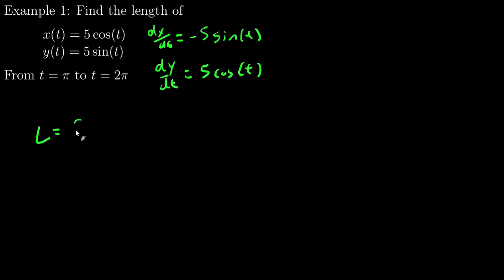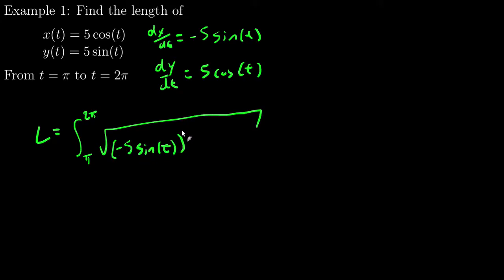The length of the curve will be the integral from pi to 2 pi of the square root of dx dt, which is negative 5 sine of t squared, plus dy dt, which is 5 cosine of t squared. And if a decimal answer is allowed, I would oftentimes just type this into my calculator, press enter, and get an answer. But I can do this one without, so I'll show how to get through this one.